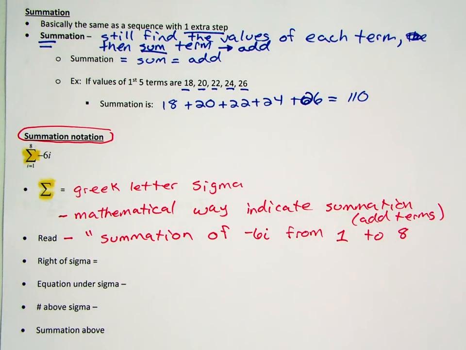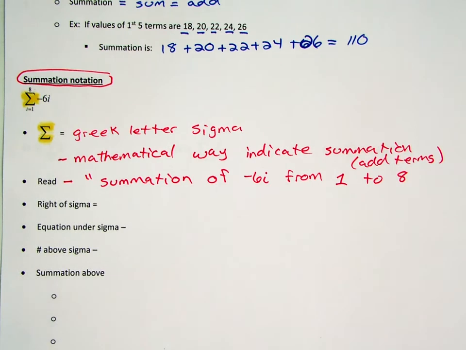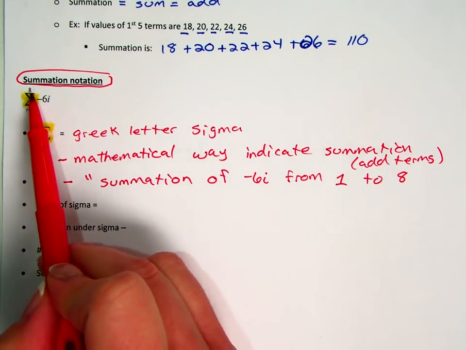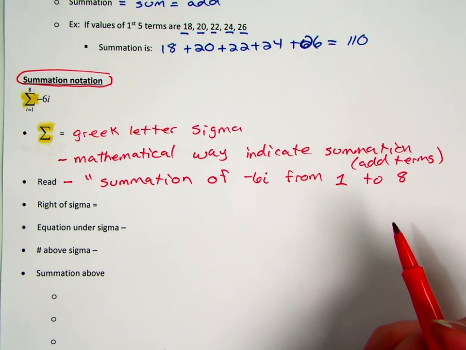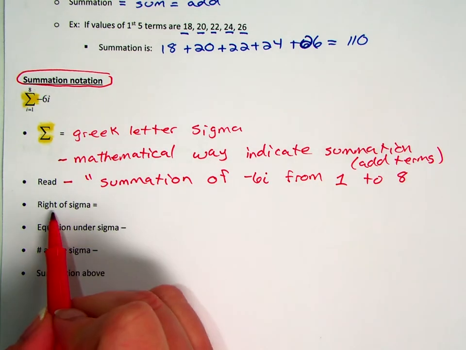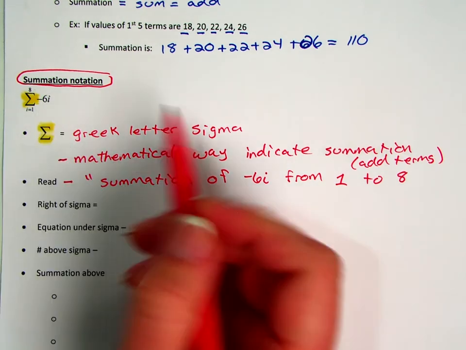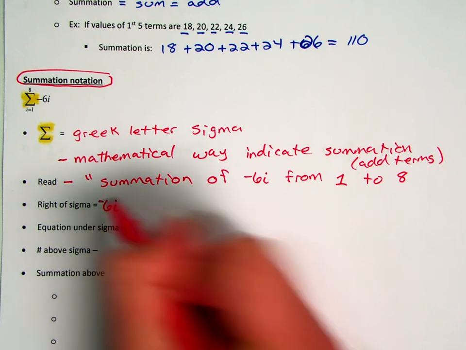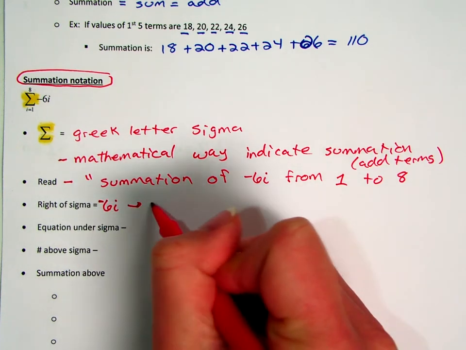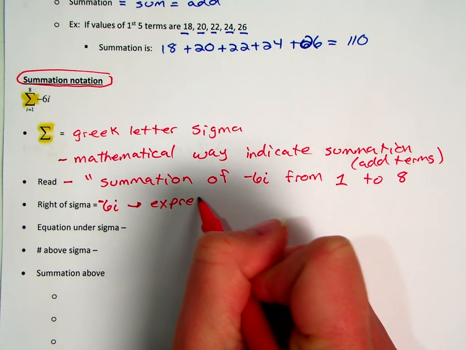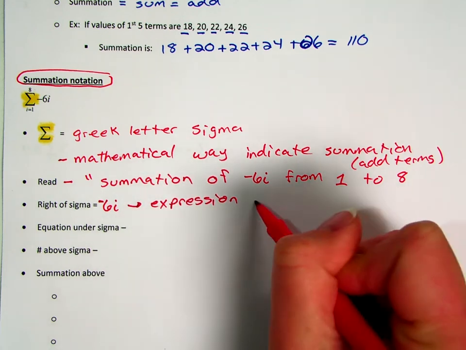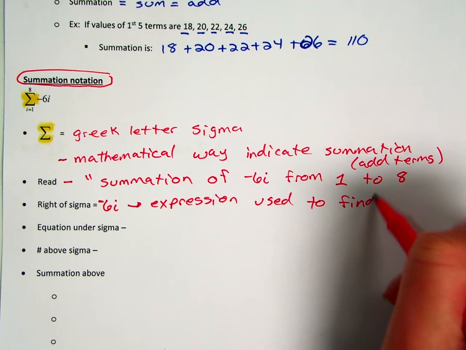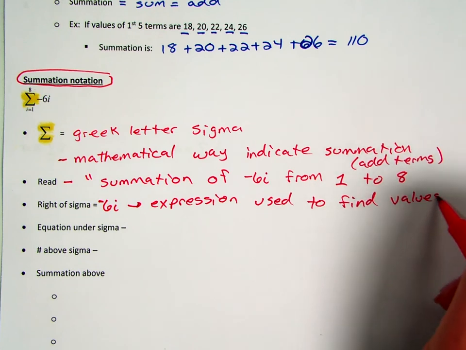As soon as we see this, this means summation of negative 6i from when i is 1 to when i is 8. To the right of the sigma is the negative 6i, and this is the expression used to find the values of the terms.